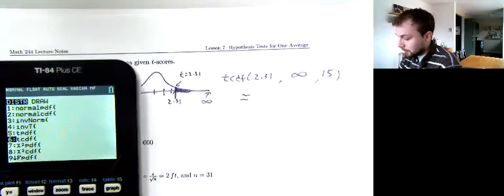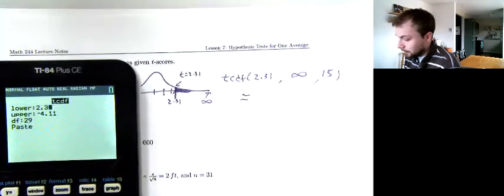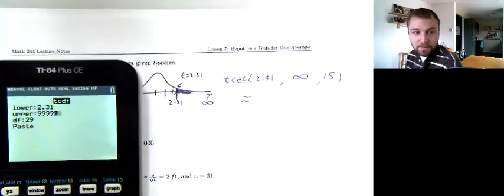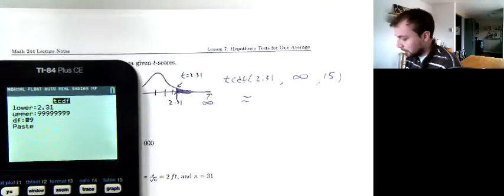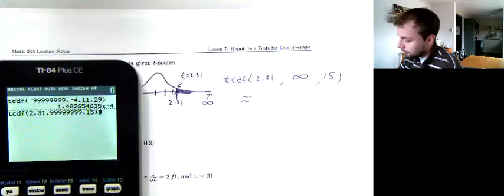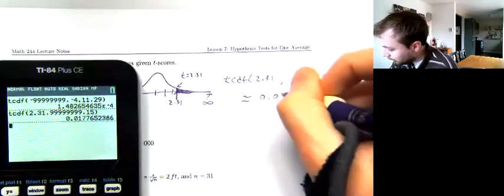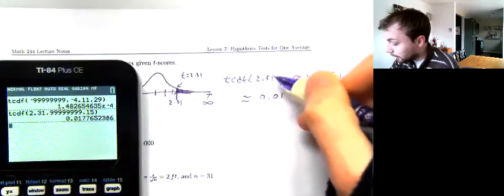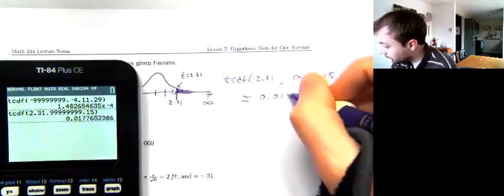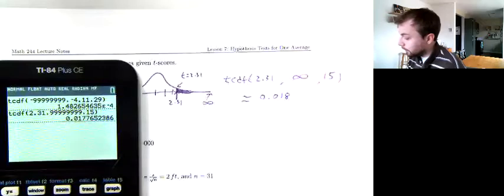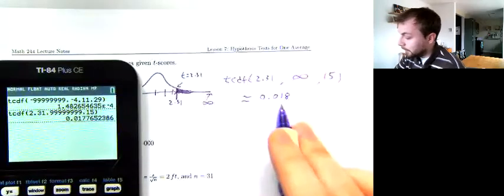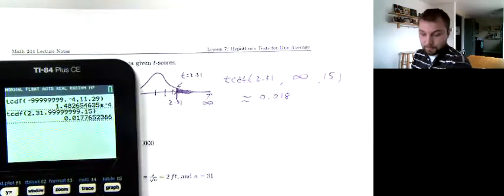Distribution, TCDF, low value of 2.31, high value of infinity, I'm just typing in a whole bunch of 9s, and a DF of 15. When I do this, I get essentially a p-value or an area of 0.018 or so if I round that.